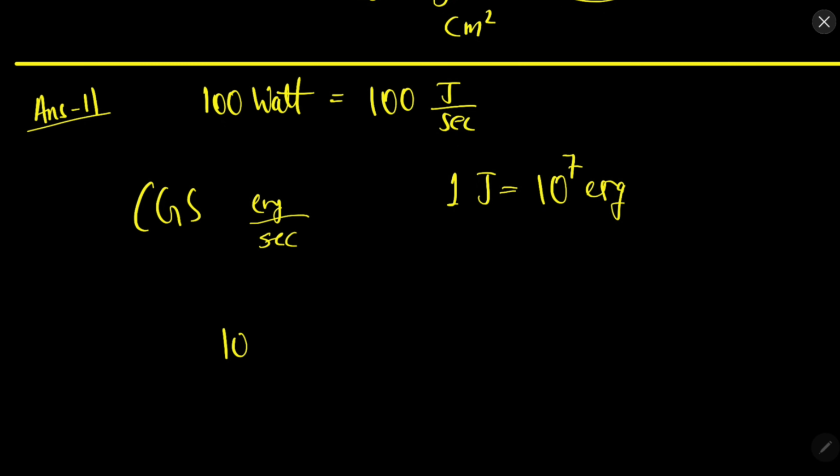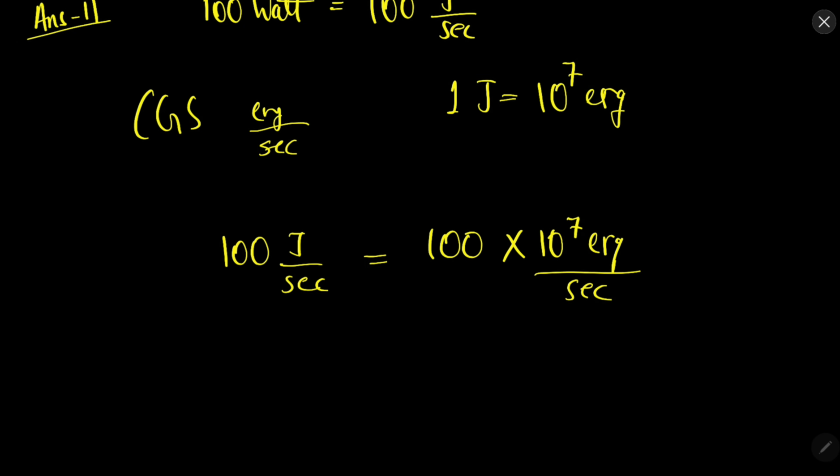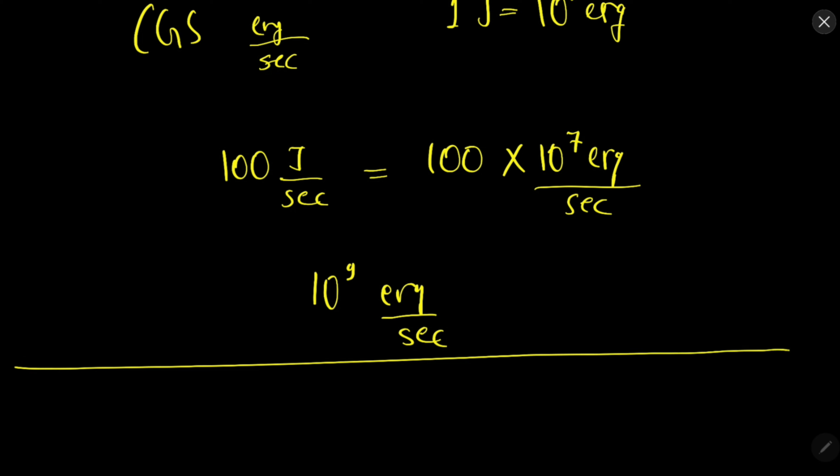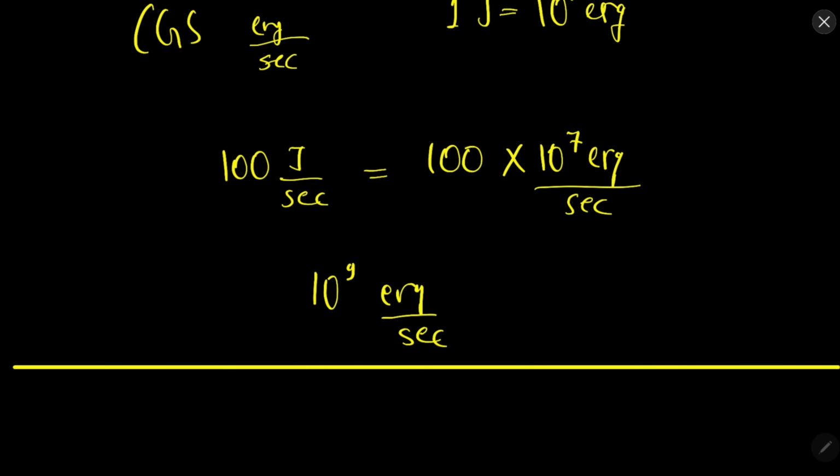So this is quite simple. 100 joule per second is equal to 100 into 10 to the power 7 erg per second. So it will give us 10 to the power 9 erg per second. So this will be the value in CGS unit.